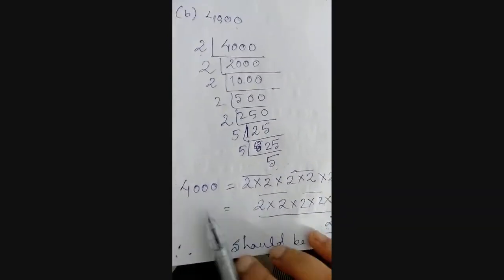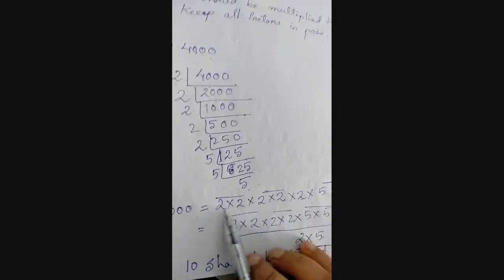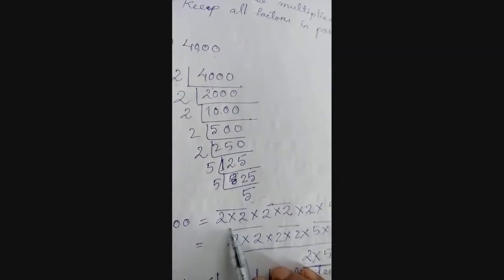Now let us arrange the factors. 4000 is equal to 2 into 2 into 2 into 2 into 2 into 5 into 5 into 5. So 5 2s are there and 3 5s are there. If we make pairs, 2 into 2 is one pair, another 2 into 2 is one pair, and a single 2 remains unpaired. And 5 into 5 became one pair and another 5 remains unpaired. So all the paired values I have taken together and the unpaired ones I have taken on the right side.